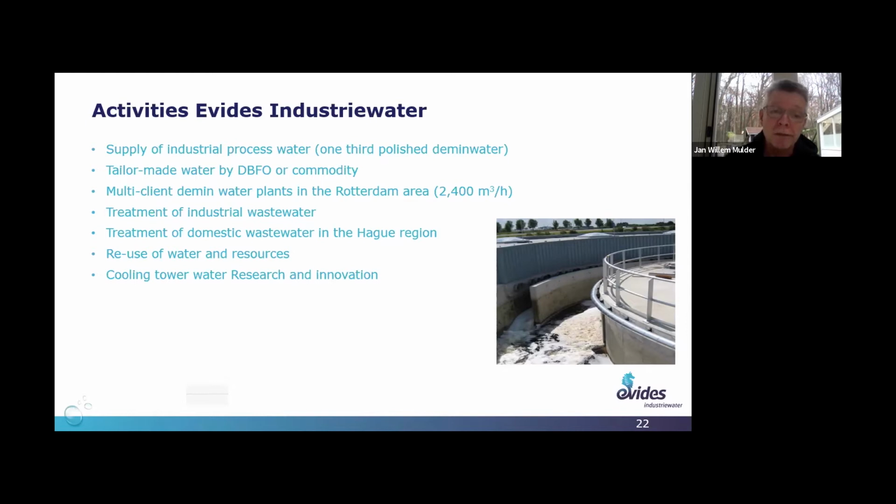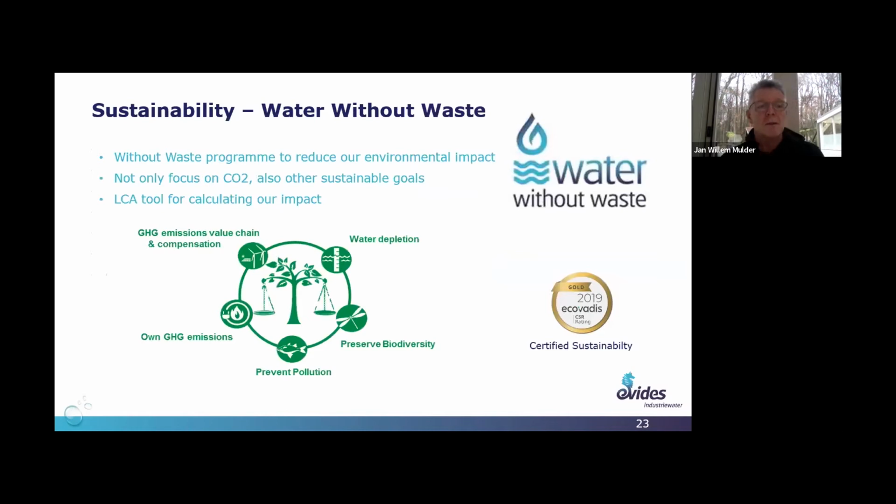That means that we are in charge of the installations. We are the operator, and that's a very important fact when you consider the possibilities for circularity. We are also active in wastewater treatment. Water reuse, of course, is more and more actual nowadays. And as a last point, we also do activities in cooling tower water. So circularity is becoming more and more important.